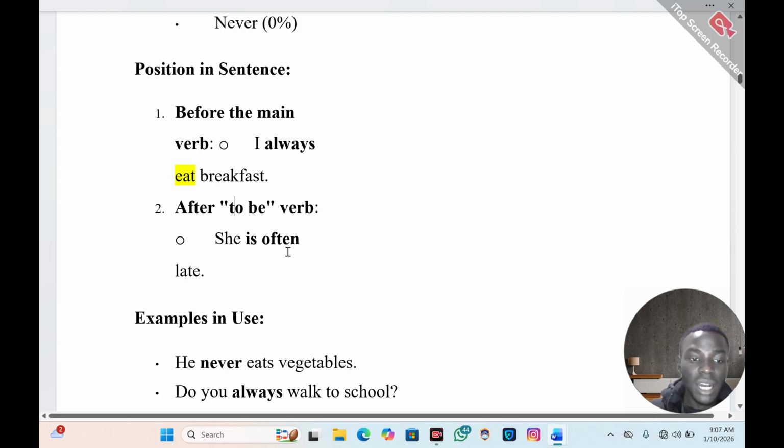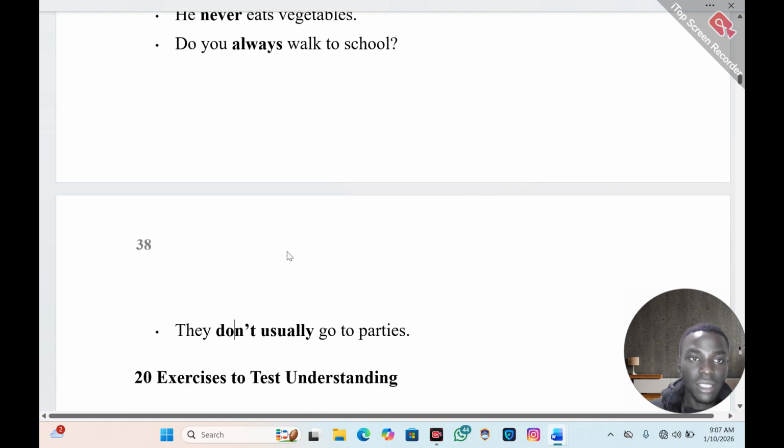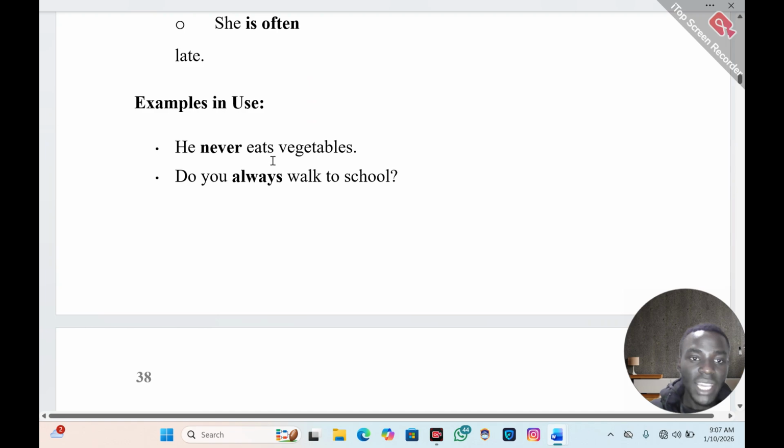Good. Now let's see examples in sentences. He never eats vegetables. Do you always walk to school? You see these main verbs? Walk, eat. He never eats vegetables means he doesn't eat vegetables. Do you always walk to school?